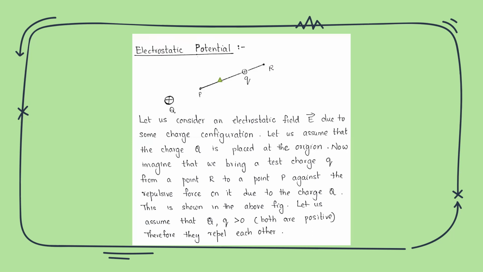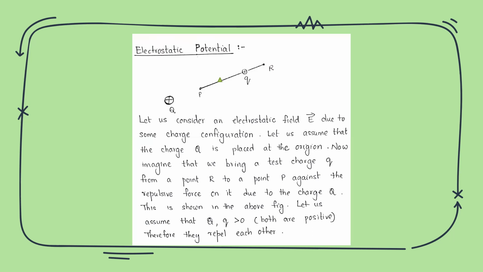Because capital Q is a positive charge and small q is also a positive charge. Then, naturally, according to Coulomb's law, there is a force between them, and because they are like charges, they repel each other. So we are bringing small q towards capital Q against the electrostatic repulsive force.